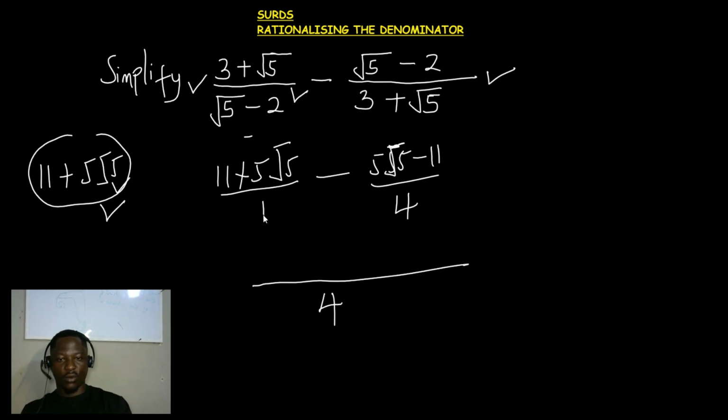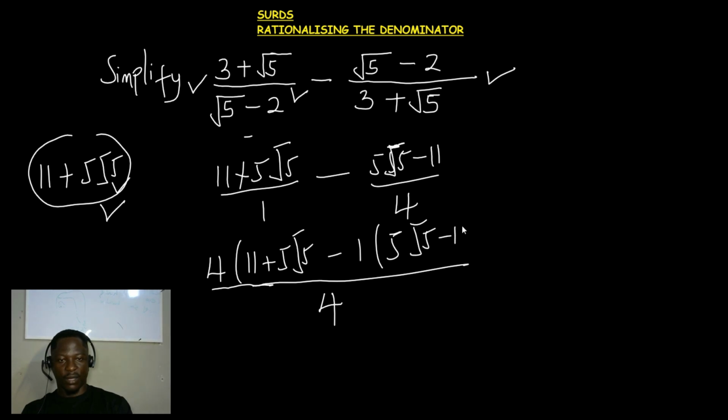So 1 goes into 4 four times, so 4 is going to multiply this one, and we're going to have 4 multiplied by (11 plus 5 root 5). And then 4 goes into 4 once, so here we are going to have 1 multiplied by (5 root 5 minus 11).